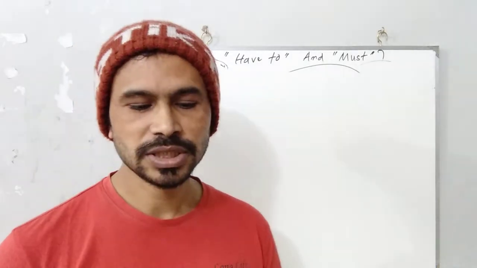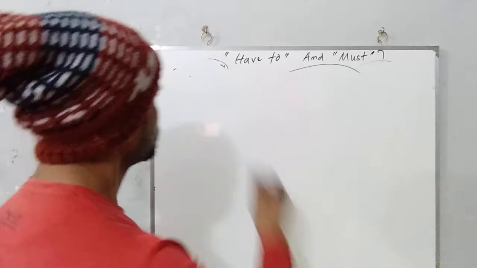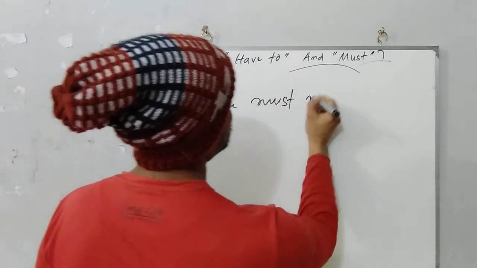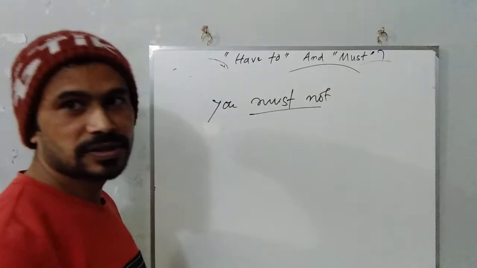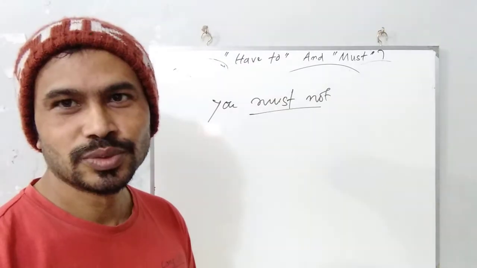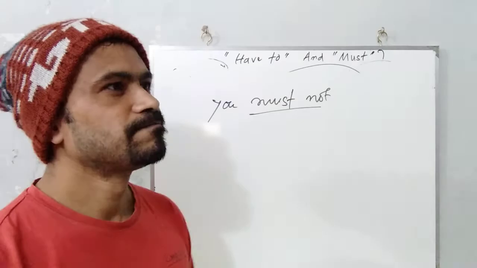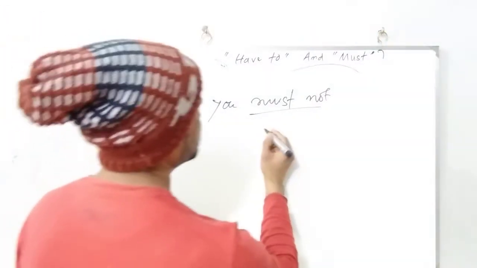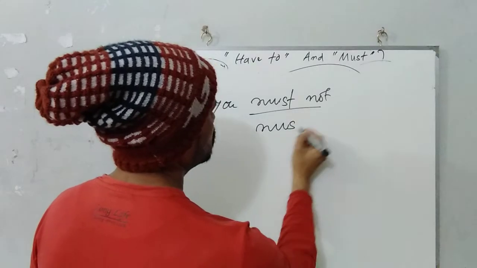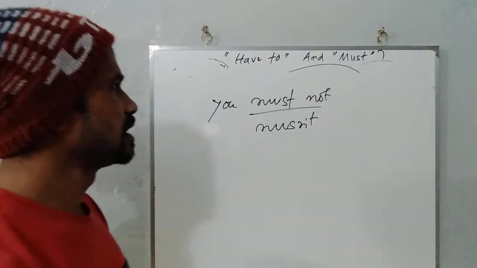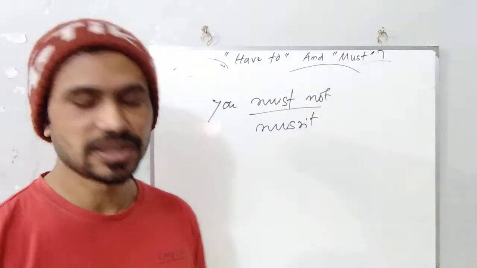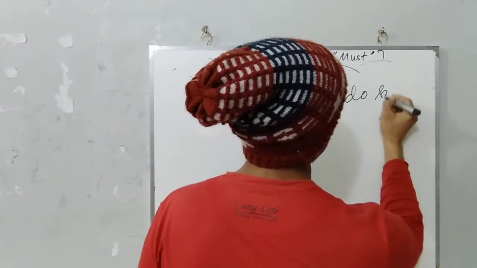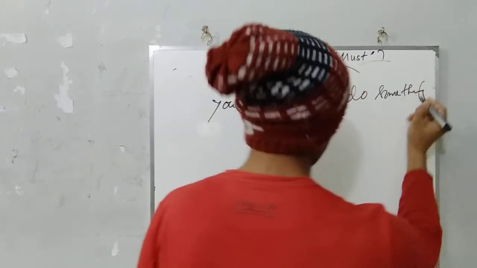The contraction I have already told you: must not, the contraction form is mustn't, M-U-S-T-N-'-T. You must not, or you mustn't do something.